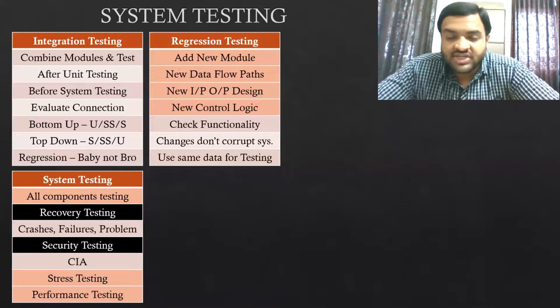Now, security testing. We will ensure whether the CIA of data is maintained or not. What is CIA? Confidentiality, integrity, and availability. Now tell me, if someone can access my data, which factor is compromised?